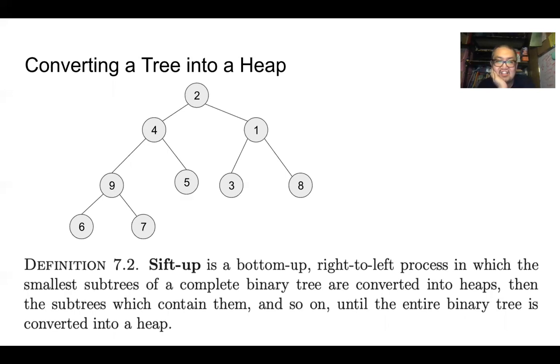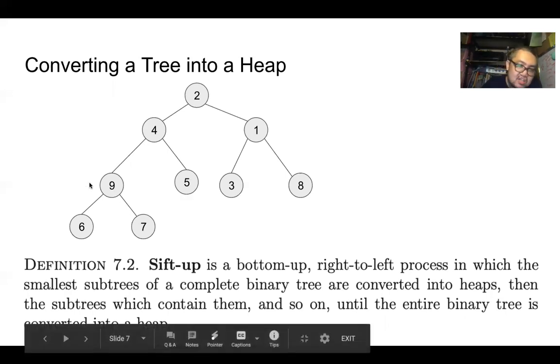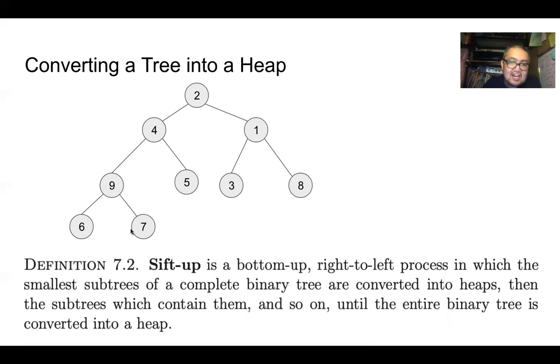The process is called shift up, or it is a bottom-up process. We start from the bottom, right to left, in which the smallest subtrees of a complete binary tree are converted into heaps, and then the subtrees which contain them, and so on. So we start here, and these are heaps, so we don't do anything. Then we do this, so we convert this into a heap. We check if these are heaps, until we have reached the topmost node.